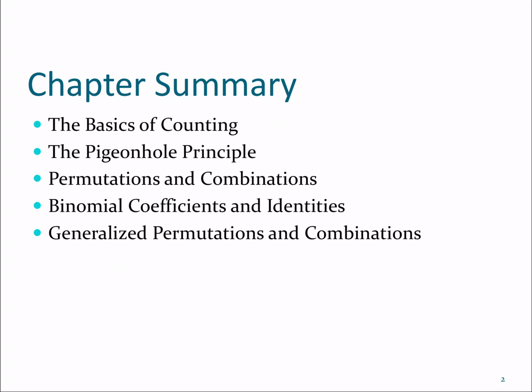We're going to introduce concepts including permutations and combinations. And then we're going to introduce what are binomial coefficients and identities. And then we're going to look at the generalized permutations and combinations. We're going to introduce some examples so that you can understand these concepts.